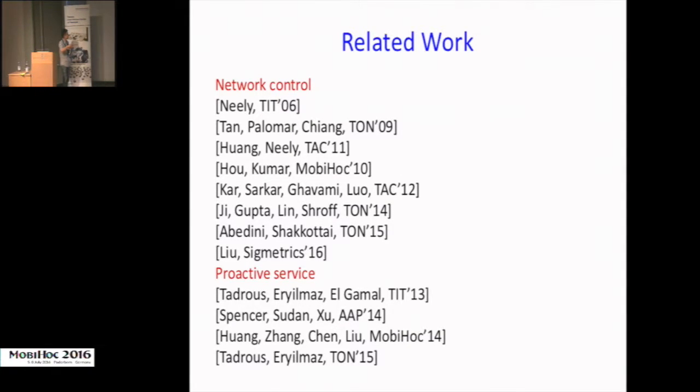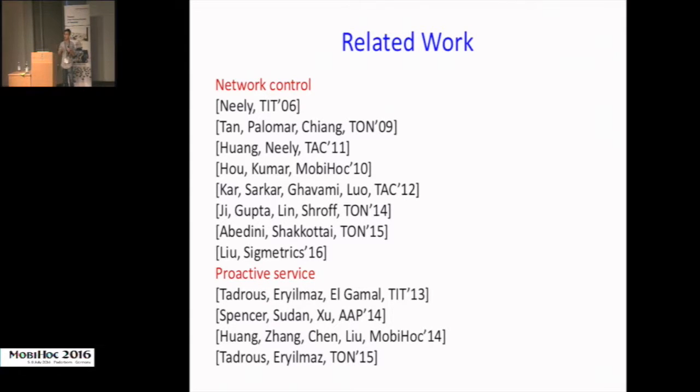Recently, there has been some work on proactively serving jobs, but mostly the prior works care about how to utilize that to reduce delay or to increase throughput. They don't talk about the impact of predictability of users, and they also don't talk about the potential benefits of learning, which we'll use in this work.